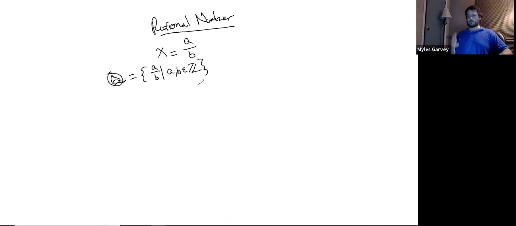All right, now clearly I need to have more stuff in here. Well, let's take a look first at the positive rational numbers, where the only ones we allow for the fraction are when A and B are both negative or when A and B are both positive. We're only going to look at those for now.